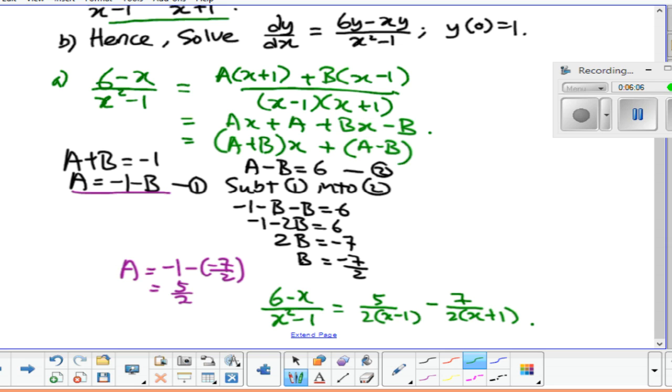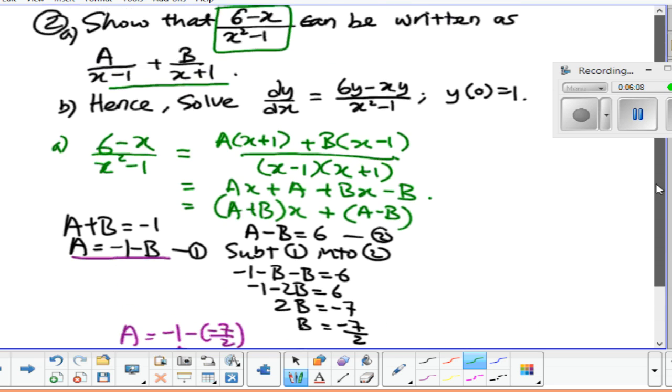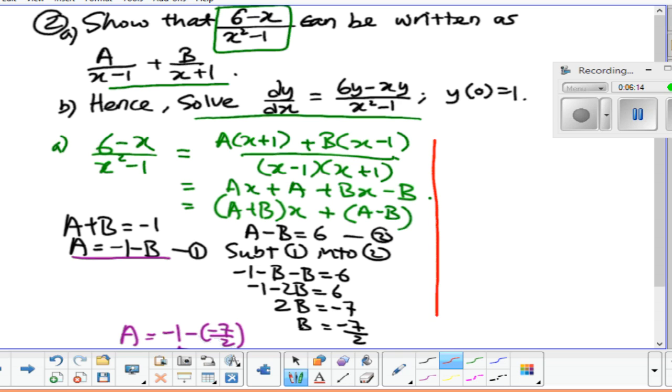Then the next thing is that, well, let's go back to the equation. For part b, we need to solve for dy/dx here. So dy/dx is equal to, here the common factor is y, so y of (6 minus x) over (x squared minus 1).